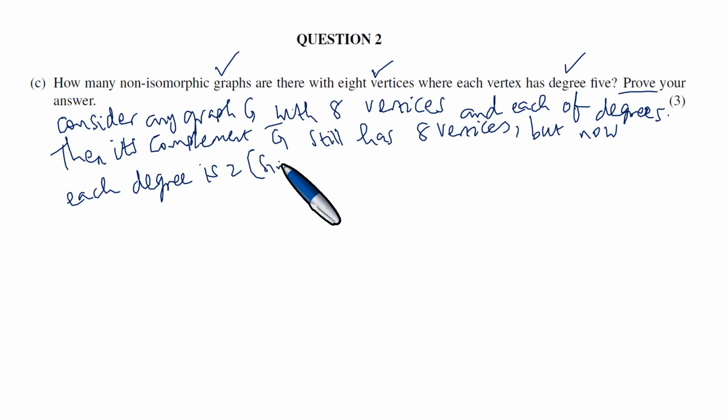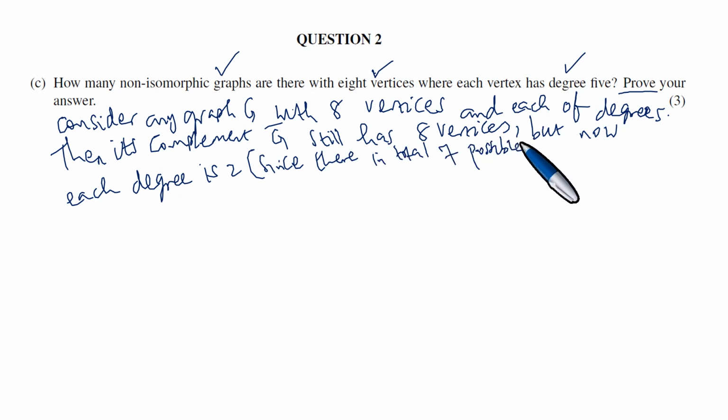This is the case, obviously, since we'll analyze that together right now. Since there are in total 7 possible neighbors for a vertex.